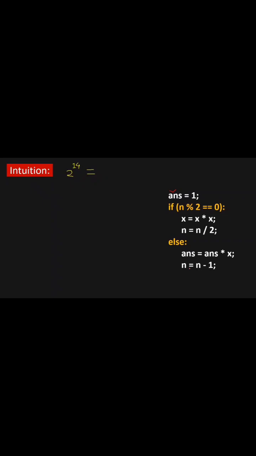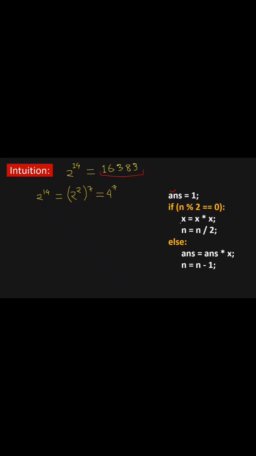If you are given 2 to the power 14, then you have to return 16,384. Now let's see how we can find that using this algorithm. So first we have 2 to the power 14. We can rewrite it as 2 to the power 2, all to the power 7. And here 2 to the power 2 equals 4, so 4 to the power 7.